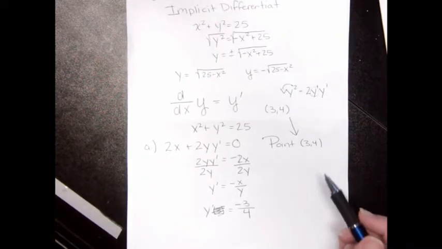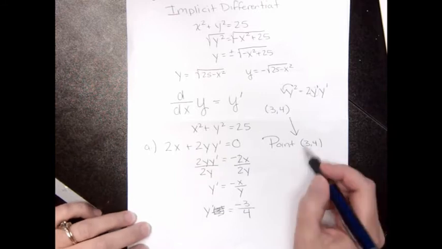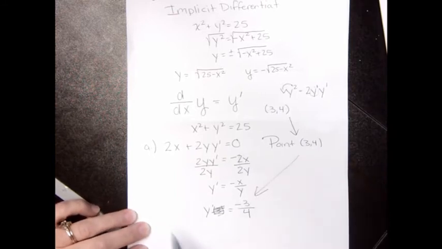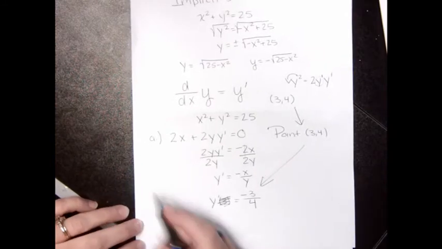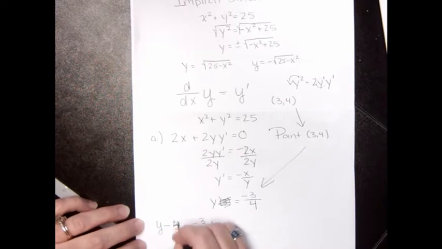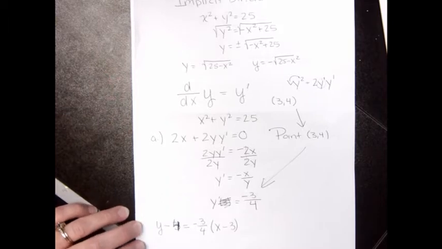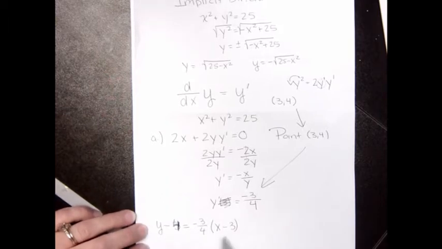Now, the second part of the question is to write the equation of a tangent line. We have our point, we have our slope, so let's do that. So here we go, y minus y sub 1, and then we have x minus x sub 1. Okay? Now, I'm going to clean this up a little bit.